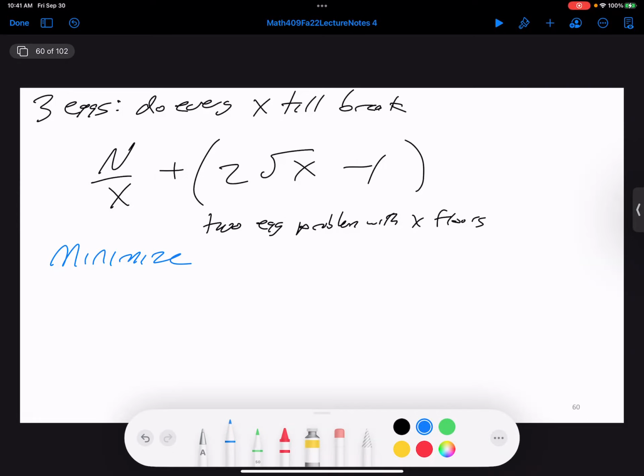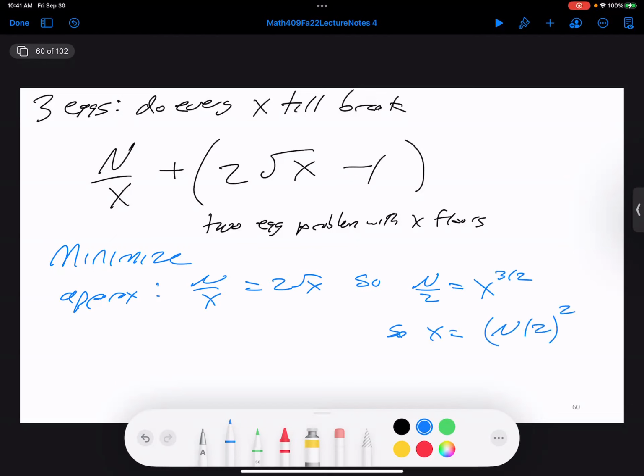Set them equal. So approximately n over x equals 2 square root of x. So n over 2 equals x to the 3 halves. So x is equal to n over 2 to the 2/3.